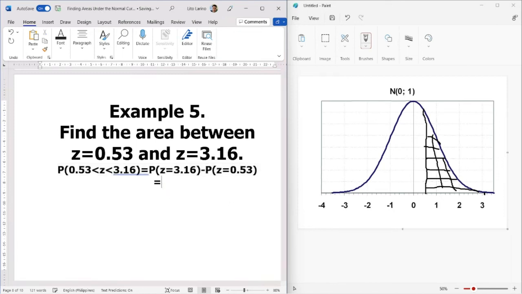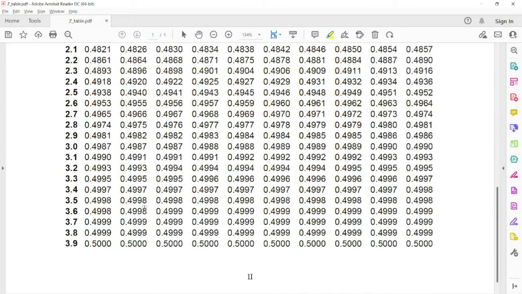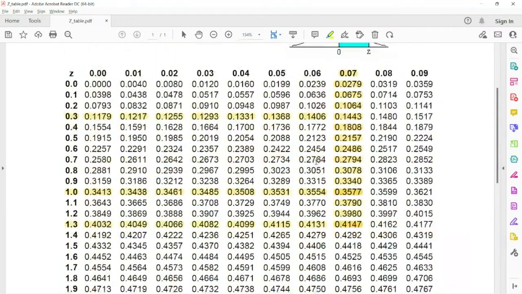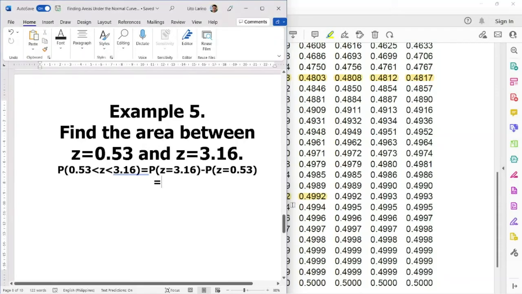And what is the area under the normal curve with z-score 3.16? Let's look, we have it here, 3, 0, 1, 2, 3, 4, 5, 6. Am I right? Okay, we are right. That's 3.16. It's 0.4992.